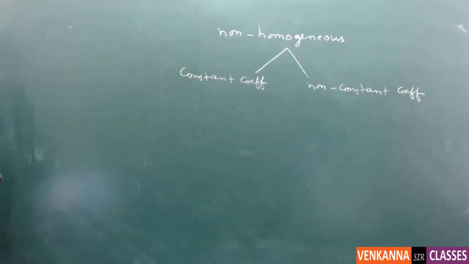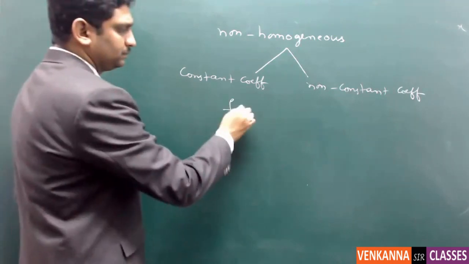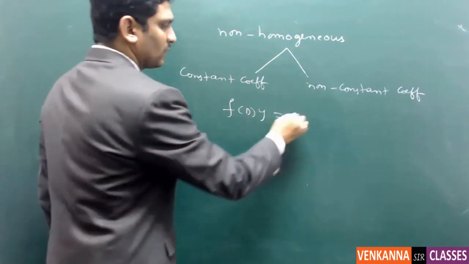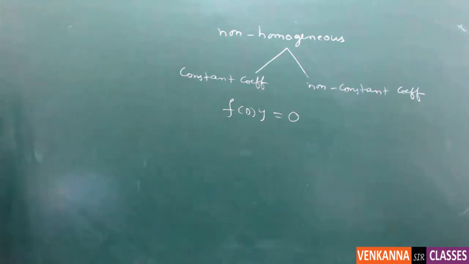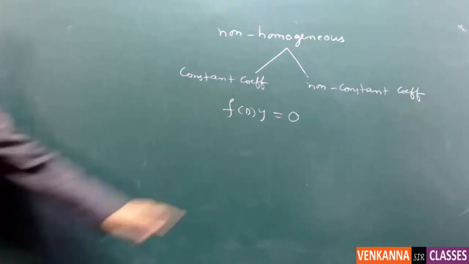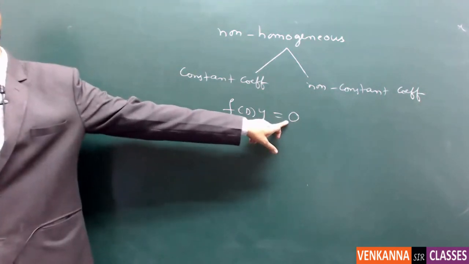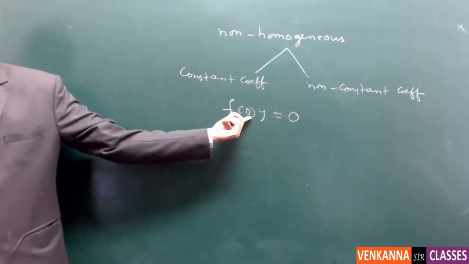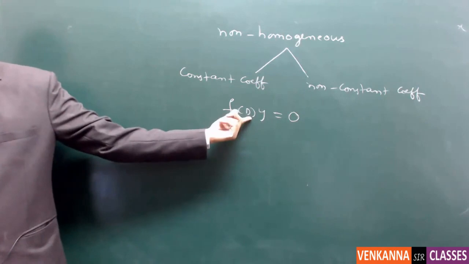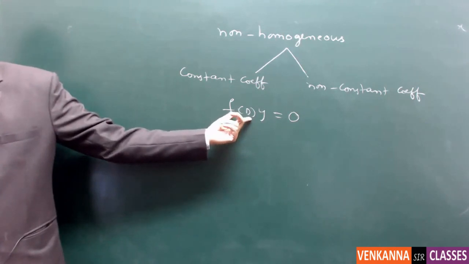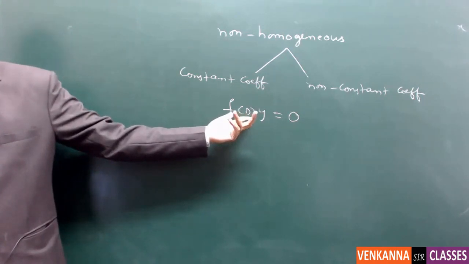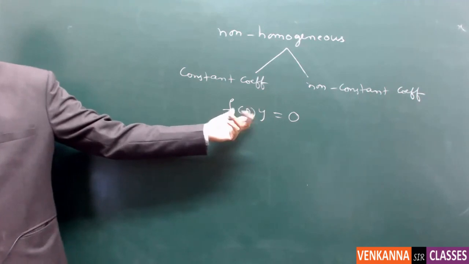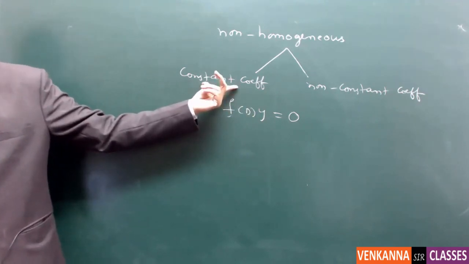So far we have done the problems of the form f of d into y equal to 0. Since the right hand side is 0, it is homogeneous, and the coefficients of d are nothing but simply numbers. So we have discussed the constant coefficients part.